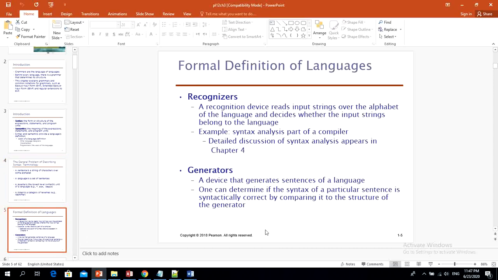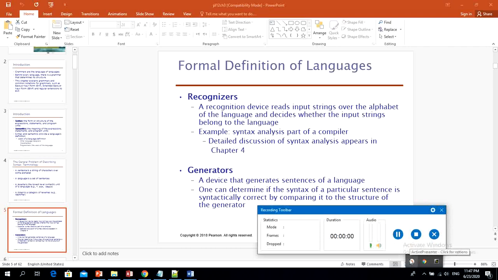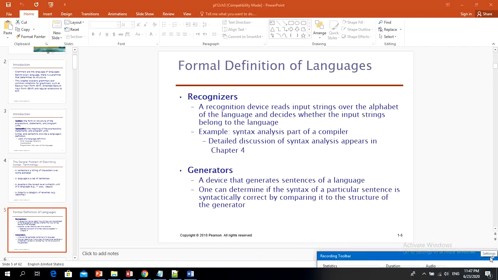Also, there are some terms that we need to explain, which are recognizers versus generators. Recognizers are a formal definition of the language. A recognition device reads an input string over the alphabet of the language and decides whether the input string belongs to the language or not.